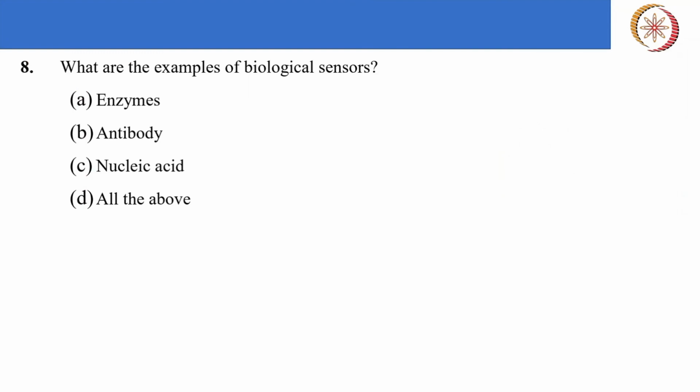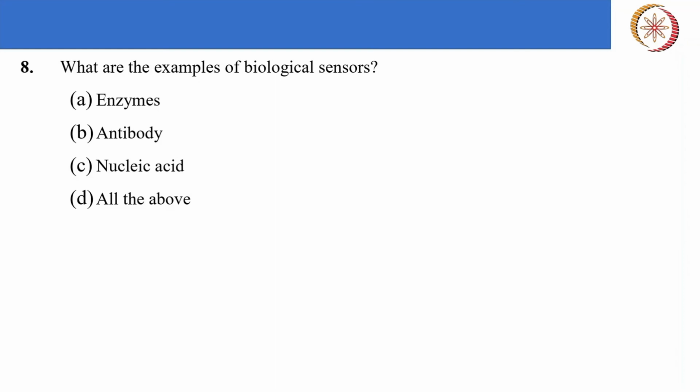So what are the examples of biological sensors? Enzymes, antibody, nucleic acid, all of the above. Biological sensors are devices made up of a transducer and a biological recognition element.